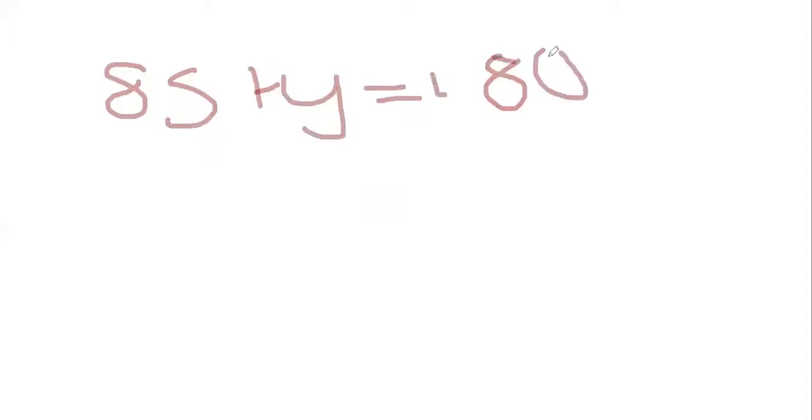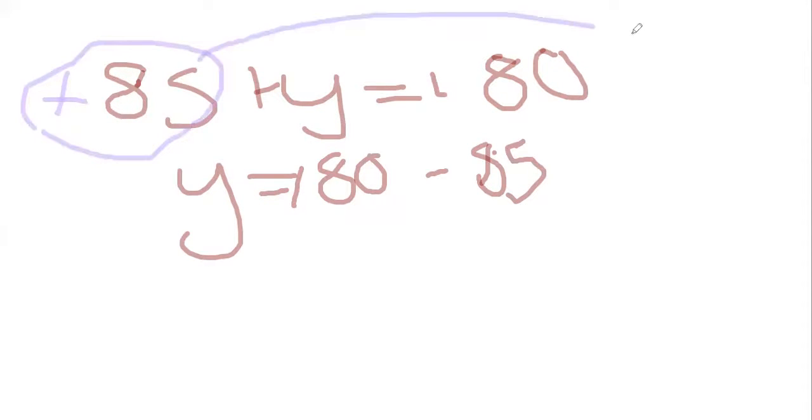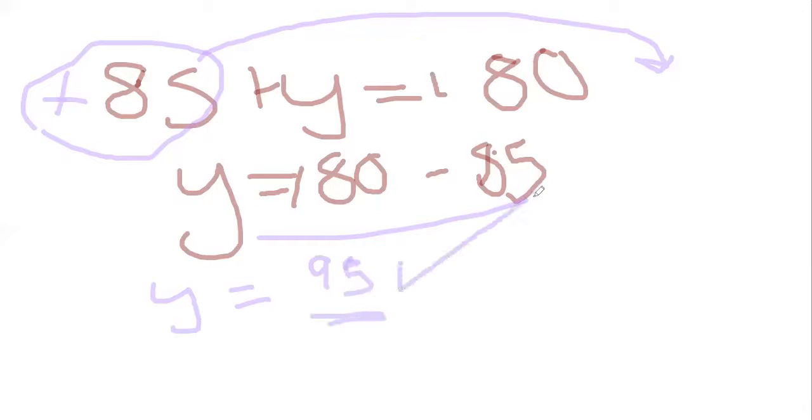Then this one tells us that Y is equal to 180 minus 85, because if I bring this 85 to the other side, it will be 180 minus 85. So Y is equal to, at least now I'm not getting 110, Y is equal to 95. If I'm not wrong, that is your answer.